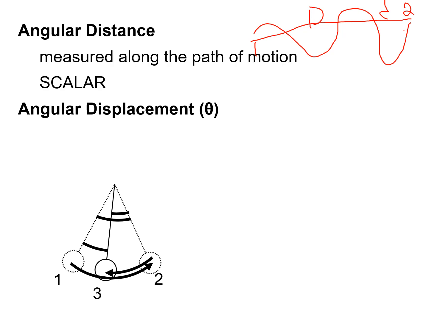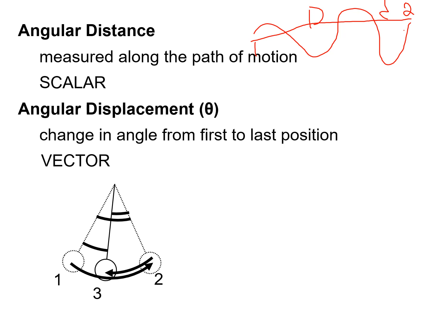So angular distance is measured along the path of rotation. And this is a scalar quantity. It doesn't have a direction. It just has a magnitude. And then angular displacement is the change in angle from the first to last position. This is our vector. So not only does it have a magnitude, it has a direction.